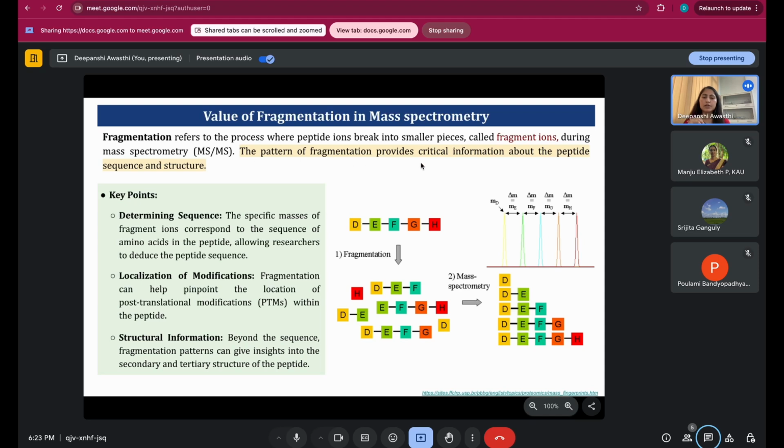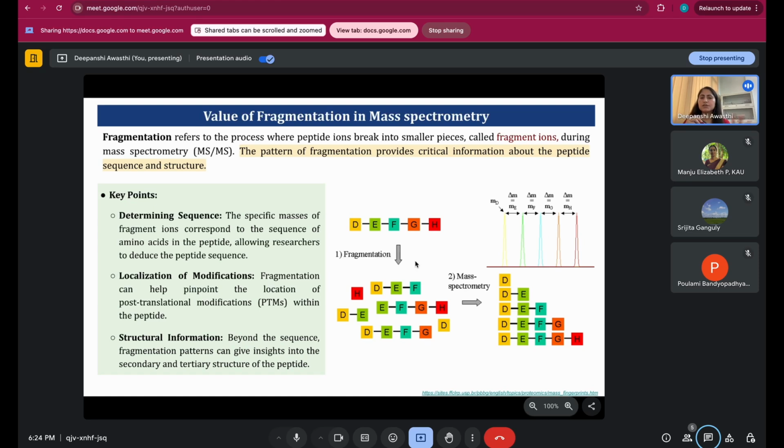The pattern of fragmentation provides critical information about the peptide sequence and structure. For example, in this figure, this is my peptide sequence, DEFGH, and I am performing its fragmentation. Fragmentation will break it down into smaller fragment ions. In the previous lecture we saw how different ions are produced.